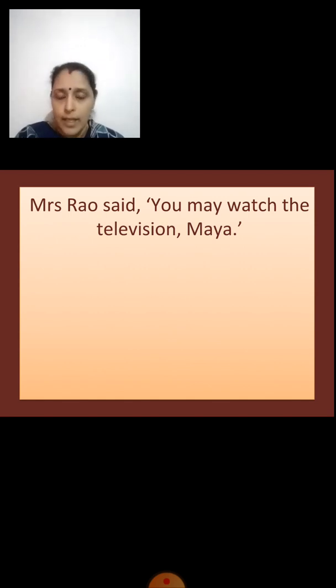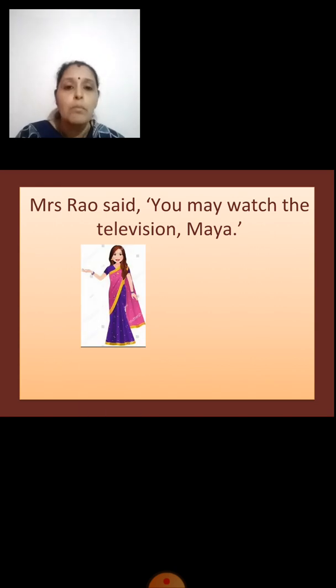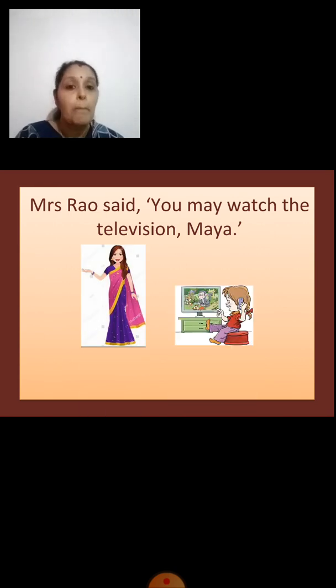Mrs. Rao said, "You may watch the television, Maya." Now here, Mrs. Rao is giving permission, or is allowing Maya, to watch television. So when I have to rewrite the sentence using let, how will I write it?